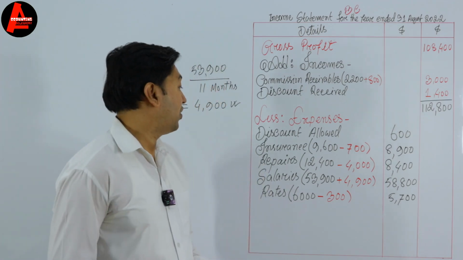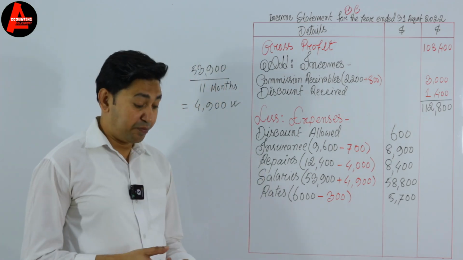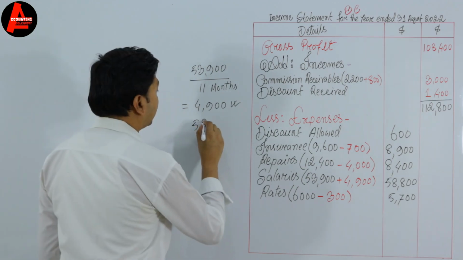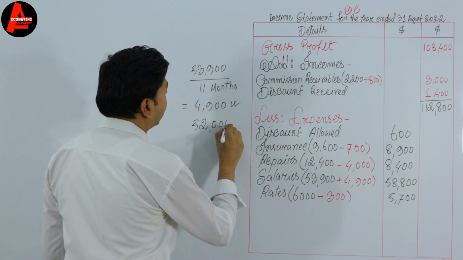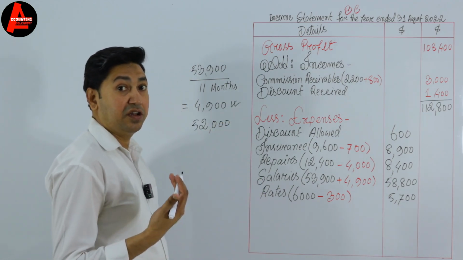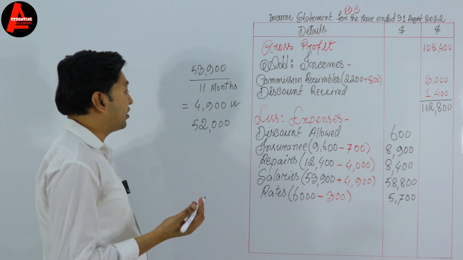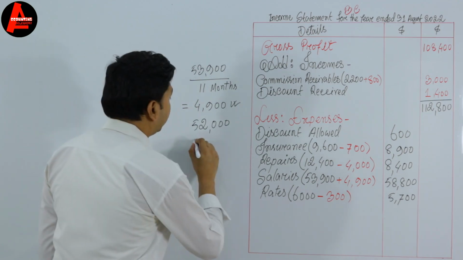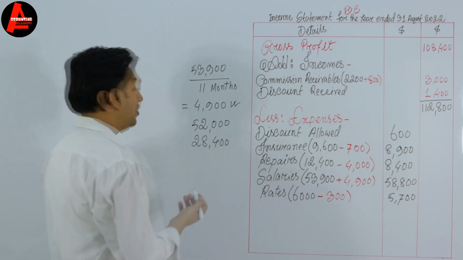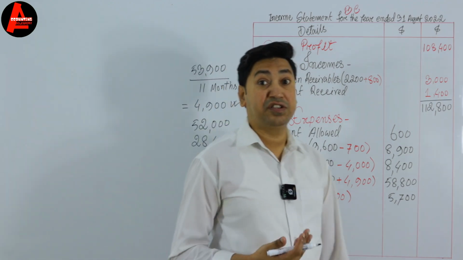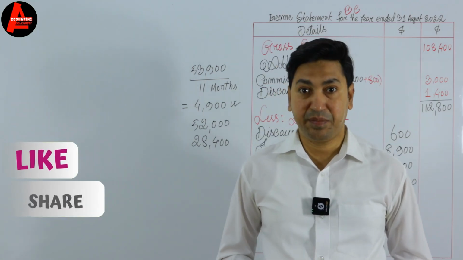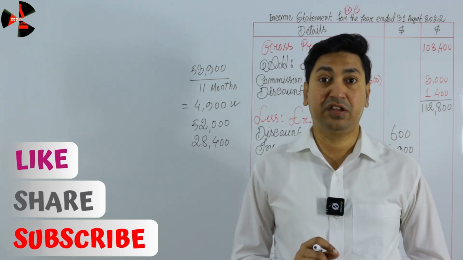So in the question we have machinery in the trial balance. It is $52,000. There is a provision for depreciation in the trial balance for machinery. It is $28,400. So now how to calculate depreciation? We need to use the reducing balance method, as mentioned in the question.